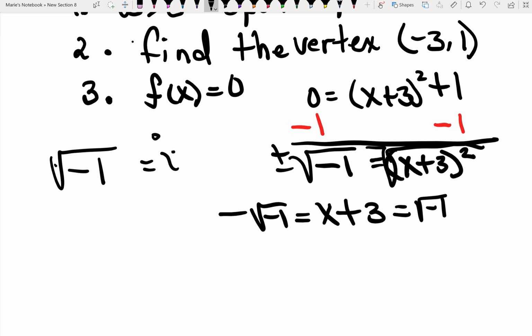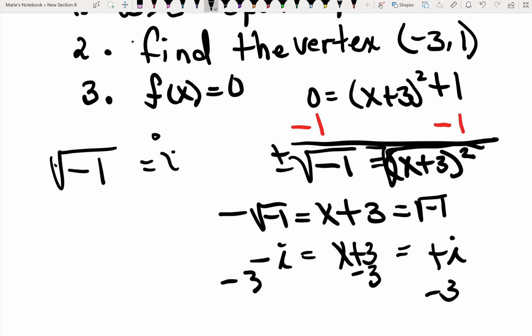So in this case, I have negative i, and in this case, I have positive i. All right, and so if I'm solving for x, thinking of this in terms of x plus 3 equal to this, I'll subtract the 3 on this side and on this side. So my two answers are negative 3 plus i and negative 3 minus i.